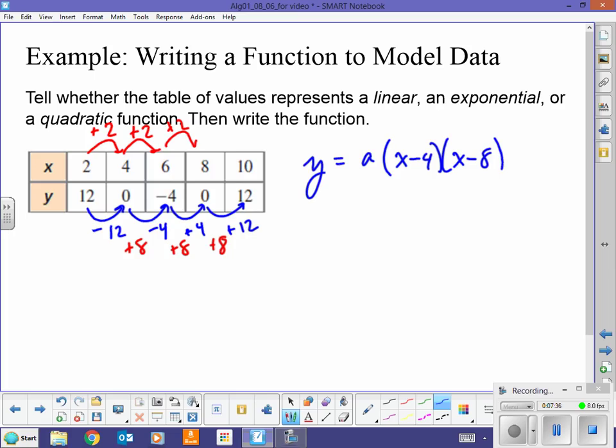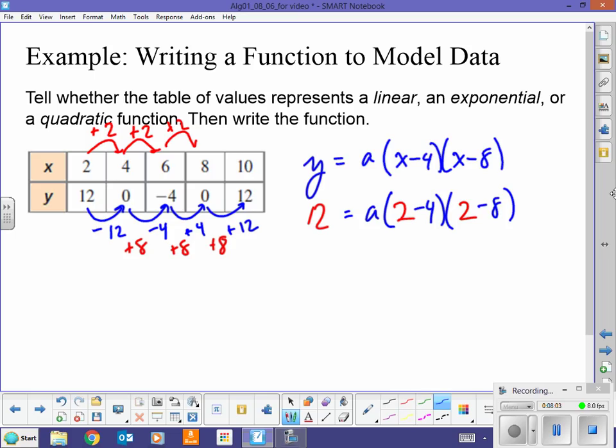And then I'm going to use another point to substitute in for x and y, and I'll go ahead and use the 2 and the 12 here. So 12 equals a times 2 minus 4 times 2 minus 8.